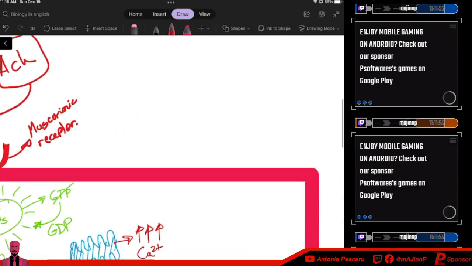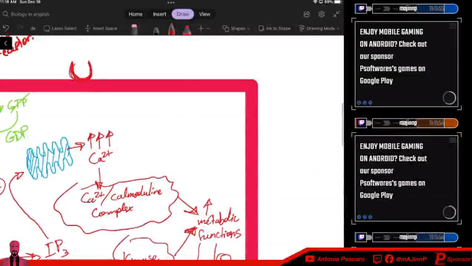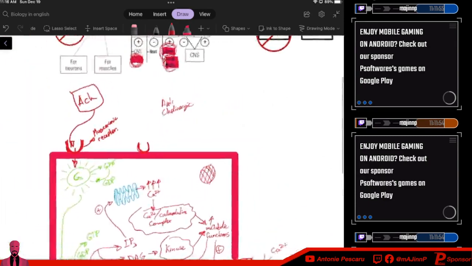Now, I'm going to draw another receptor here, another muscarinic receptor, and this is our anticholinergic receptor. And I forgot to draw the nucleus of the cell. That's our nucleus right there.